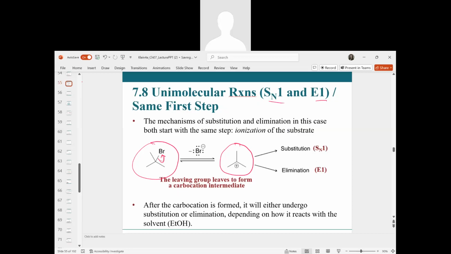Again, the leaving group leaves, and that negative charge goes with it, so we're left with this positive carbocation. From there, we can proceed down this path, and a substitution reaction can occur, or an elimination. After the carbocation is formed, depending on how it reacts with the solvent, in this case ethanol, we would have two possible products.